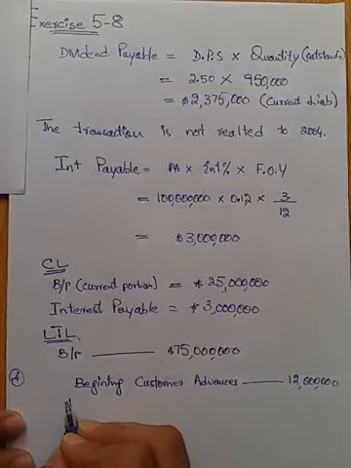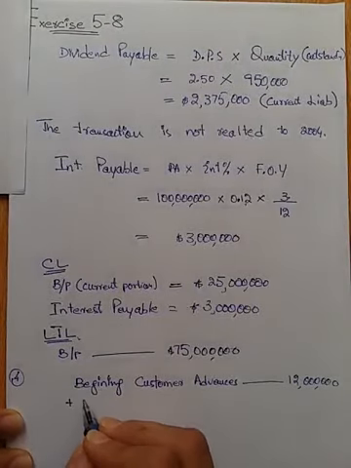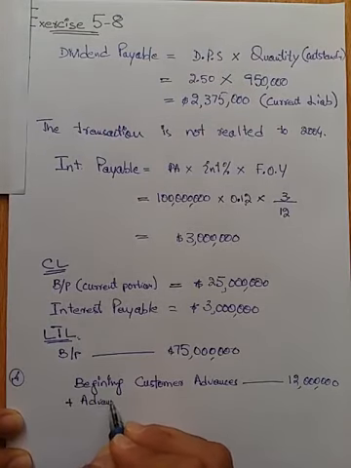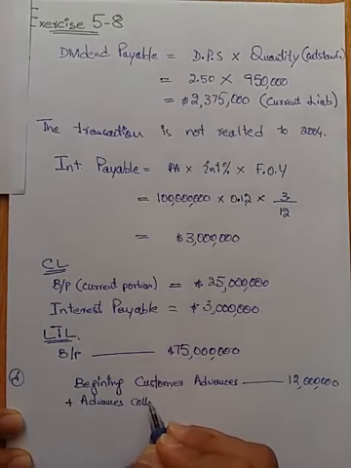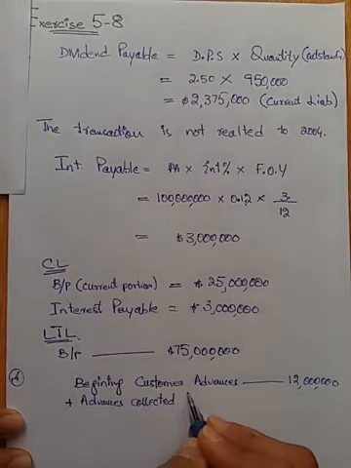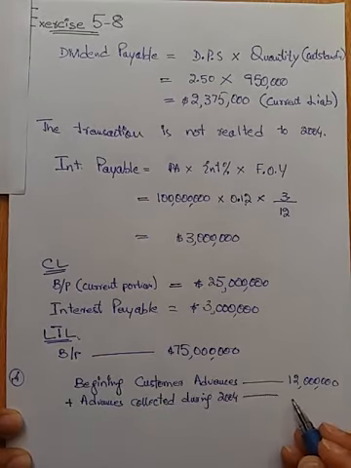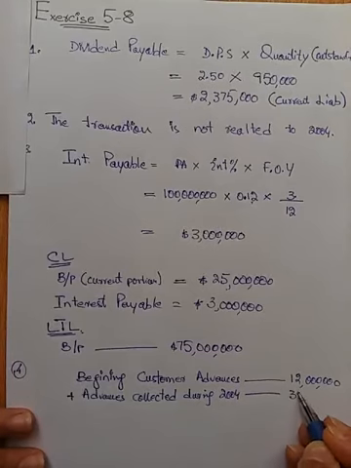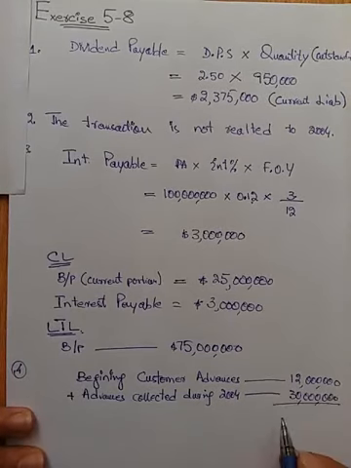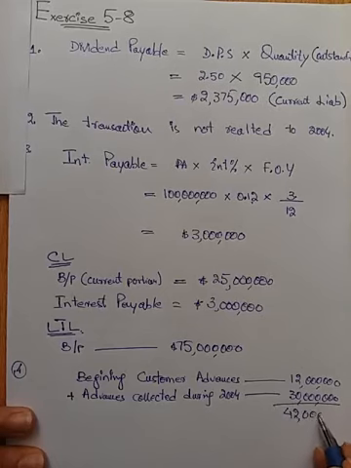So I will add it here, plus advances collected during 2004. So how much advances are collected in 2004? It was 30 million, if you remember. So the total liability we had was 42 million.